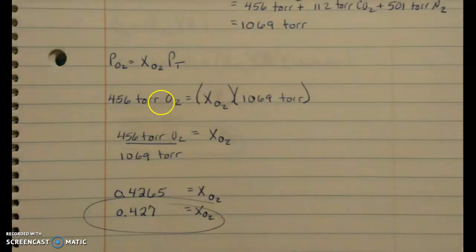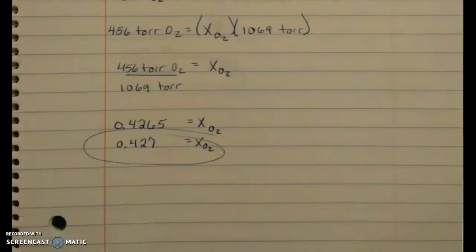If we divide both sides by 1069, that leaves us with the mole fraction on the right, and 456 torr divided by 1069 torr. The torrs cancel. Remember, this is a dimensionless or unitless measurement, because essentially if we were to multiply the final answer by 100, it gives us what percent of the pressure is contributed by oxygen.